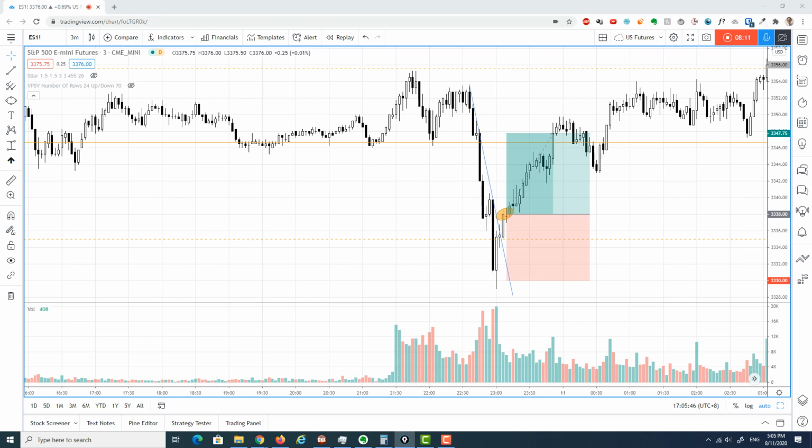So let me just give you another example. These few candles combined together: if we take this bearish bar, this is the open of this bearish bar, and then we take this close here. This one was actually my entry, just right after the close of this candle.